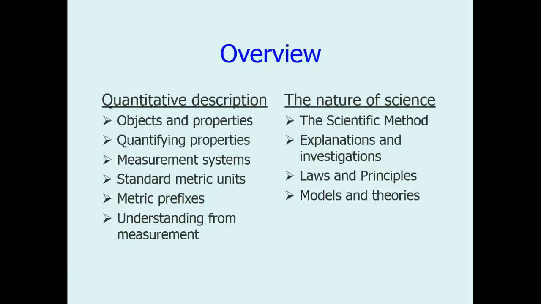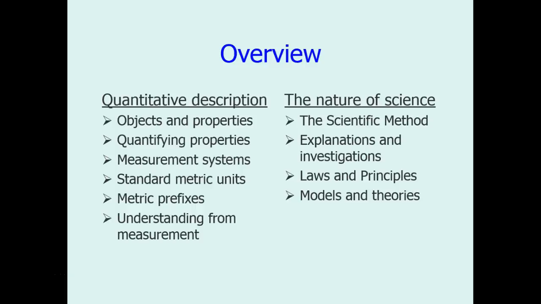Okay? Here's the overview of the whole chapter. Not the whole course, this is chapter. It's not quite half and half, a bit more here and not quite as much there. We're going to first talk about the quantitative description of science in general. Okay?